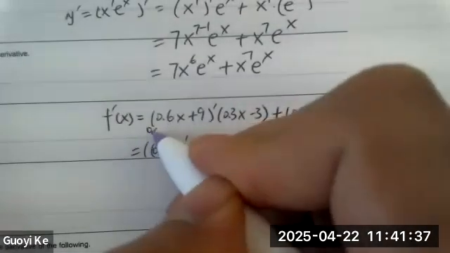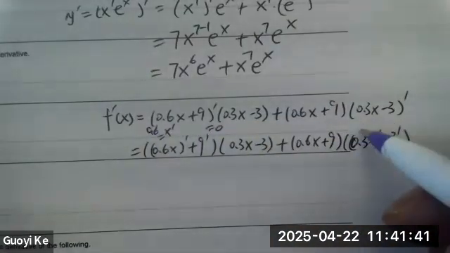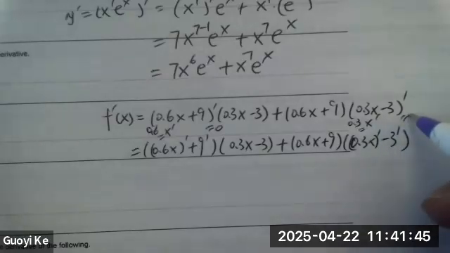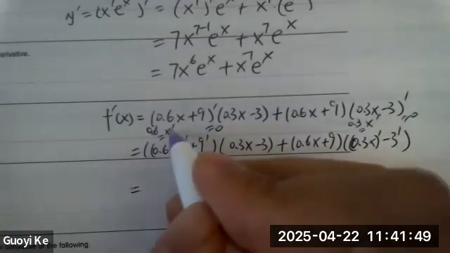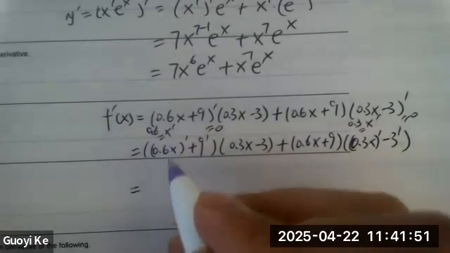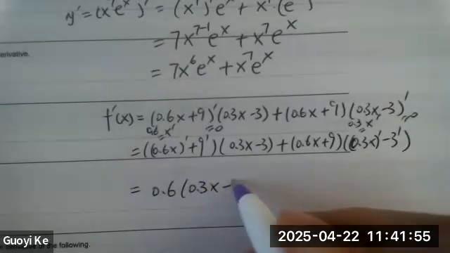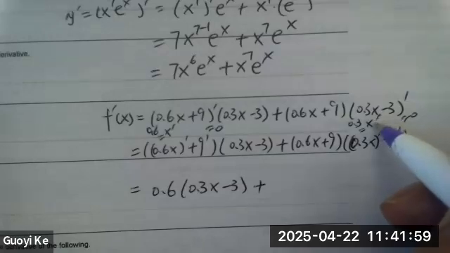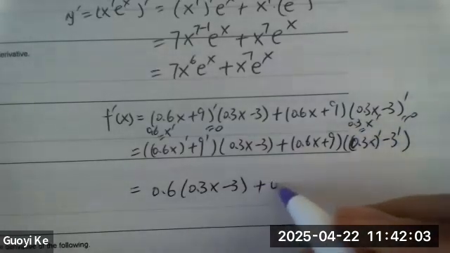For the first function, apply the constant multiple rule. This one is 0. This one is the constant multiple rule. This one is 0. And the derivative of x is 1. This one equals 0.3. Here's a 0.